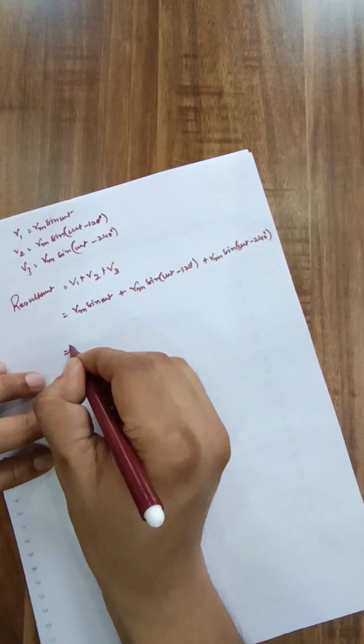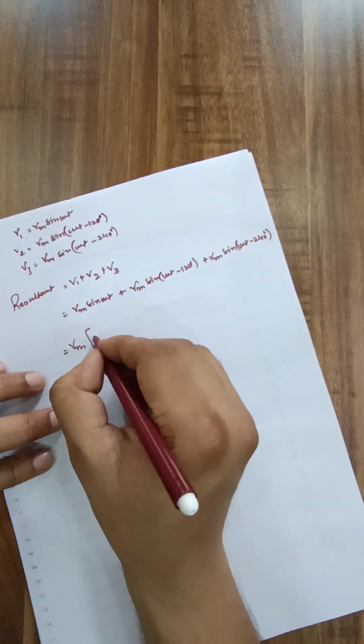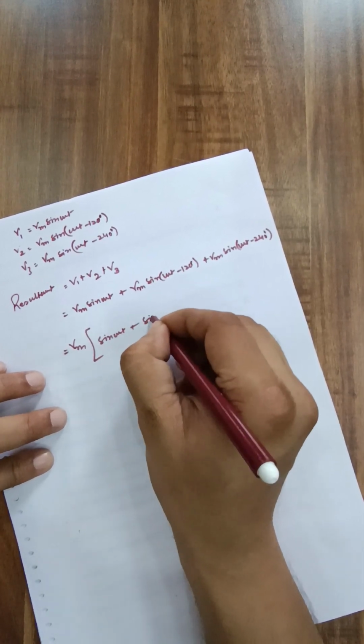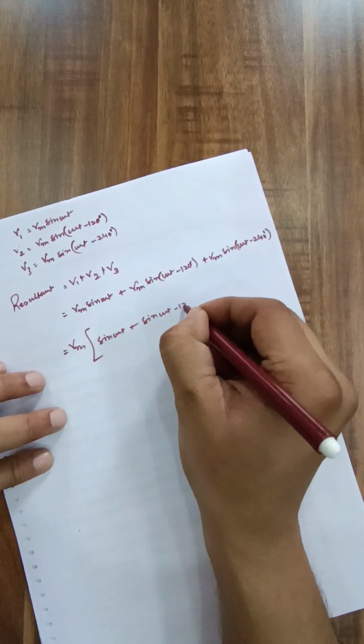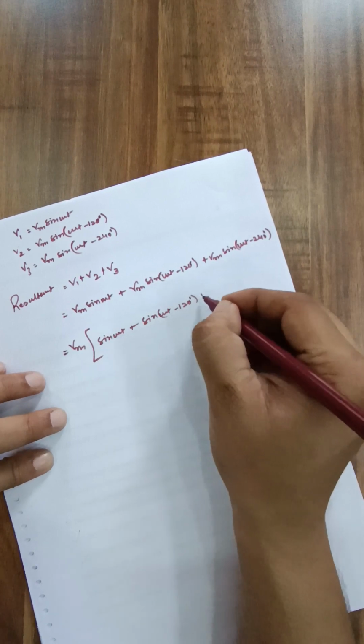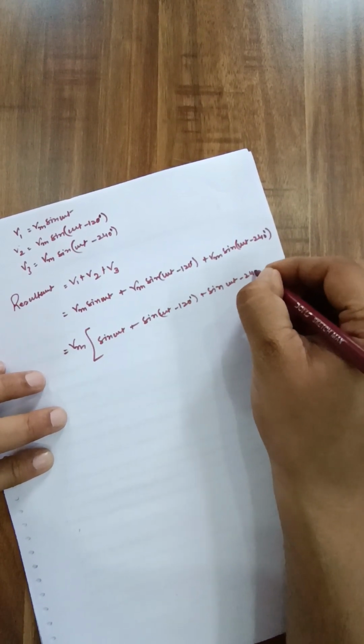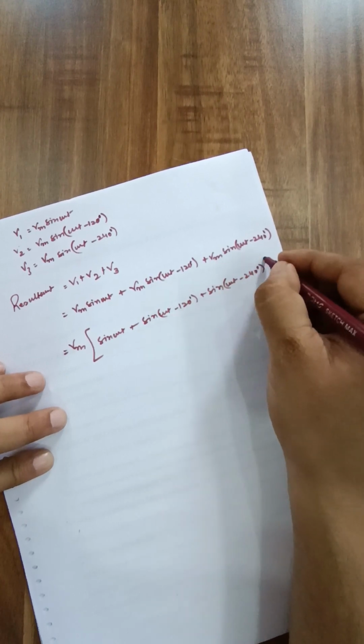Clear? Now let us take Vm common: sin omega t plus sin omega t minus 120 degree plus sin omega t minus 240 degree. Clear?